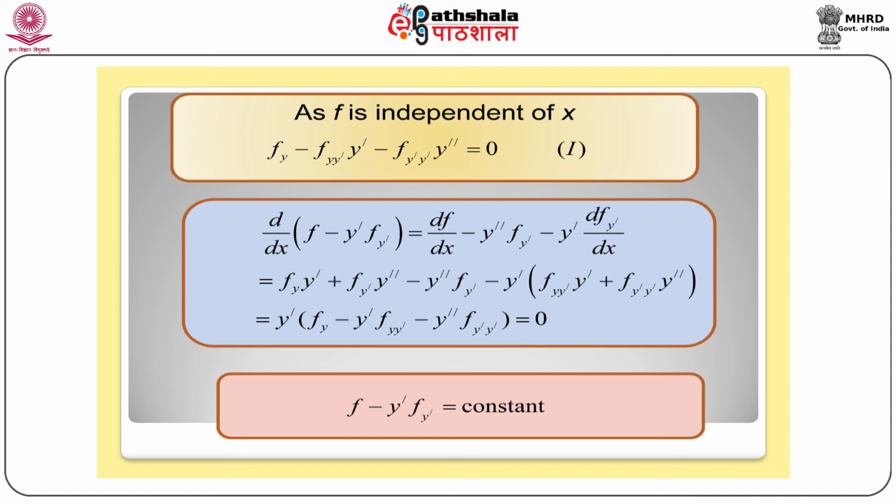This can be written as f_y minus f_xy' plus f_yy' into y' plus f_y'y' into y'' equal to 0 after differentiation. If f is independent of x, then we have f_y minus f_yy' into y' minus f_y'y' into y'' equal to 0.